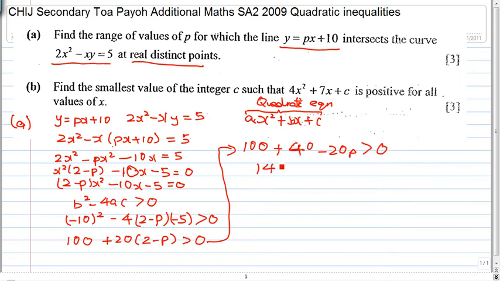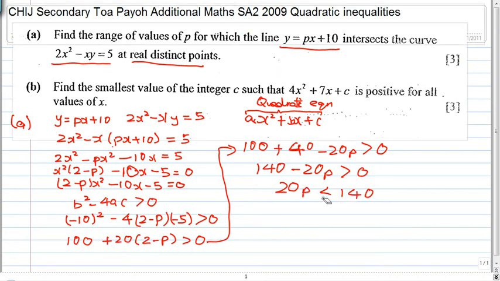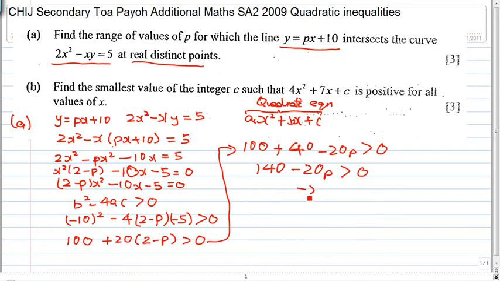So 140 minus 20p is greater than 0. Okay, 20p is less than 140. Maybe I'm skipping steps here, so let me do it without skipping steps so that you can understand better. Minus 20p is greater than minus 140.